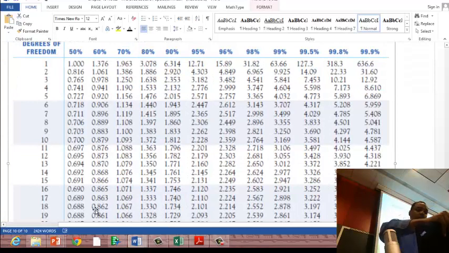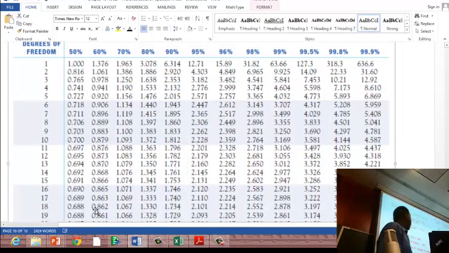All right, so here's the chart, right? The T chart. It shows it in mine.